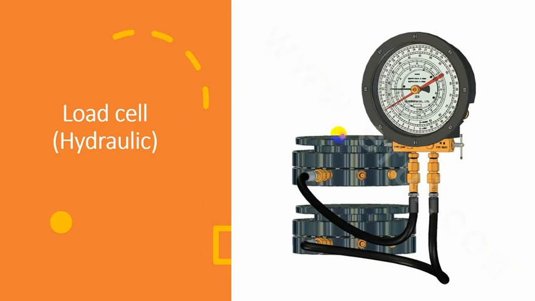The injector weight rests on this flat surface, pushing against the diaphragm, and the diaphragm compresses the oil. Compressed oil goes through this hose to be read in this weight indicator. It can be, as we said, tension or compression.